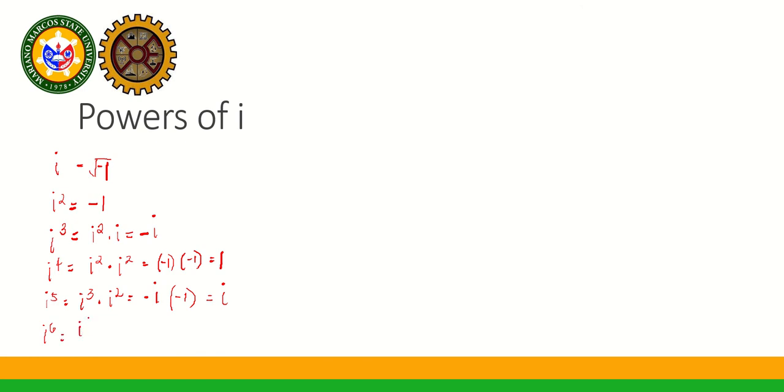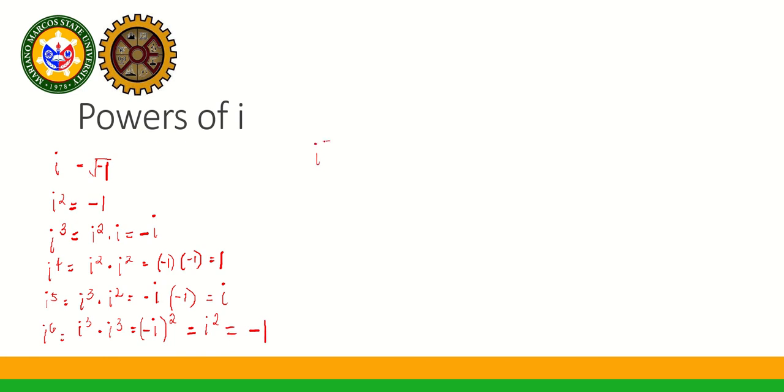So, pwedeng i cubed times i cubed. Since i cubed is equal to negative i, that is negative i times negative i, or negative i squared. And this will be equal to positive i squared, and we all know that i squared is equal to negative 1. So this is negative 1.